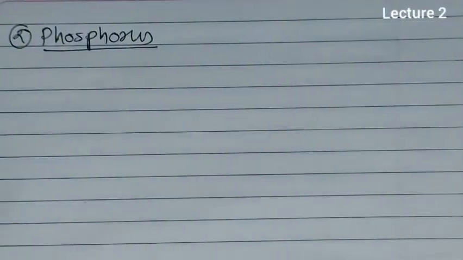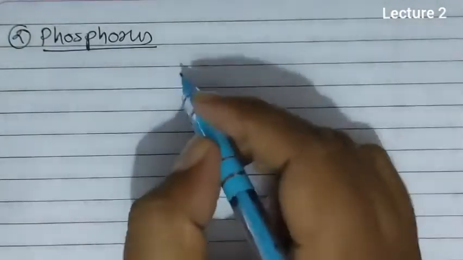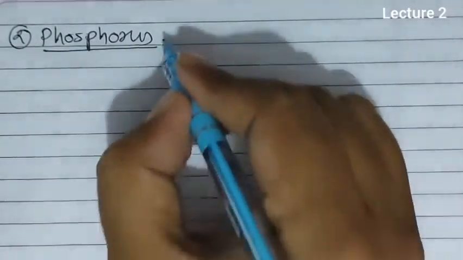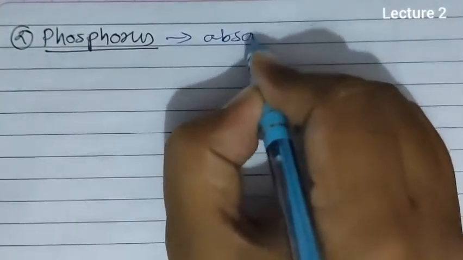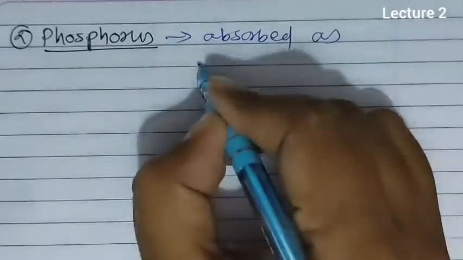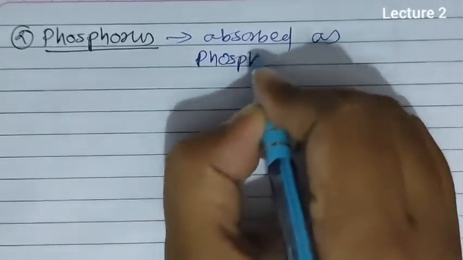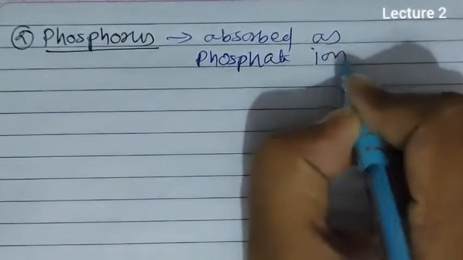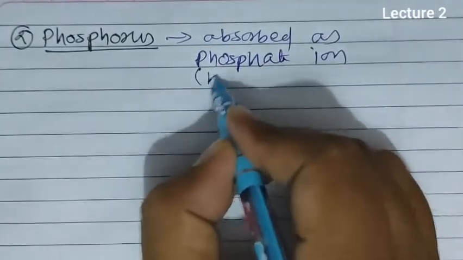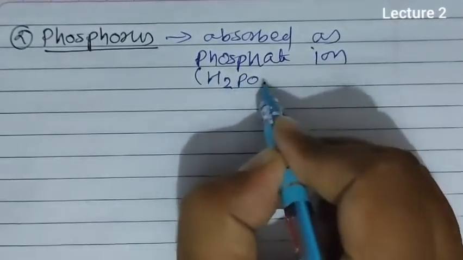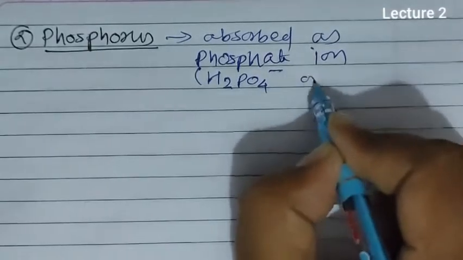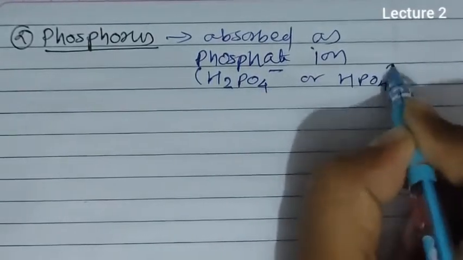Next we talk about the second element, that is phosphorus. Now phosphorus is absorbed by the plant from the soil in the form of phosphate ions, that is either H2PO4 minus or HPO4 2 minus.